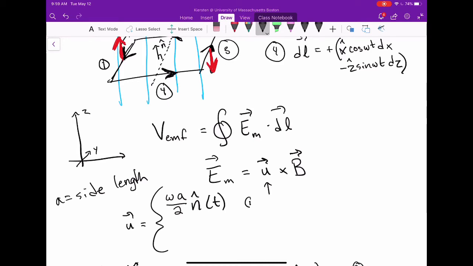And that's on side 1. And on side 3, it is the same but negative, so it's minus omega a over 2 n hat of t on side 3.